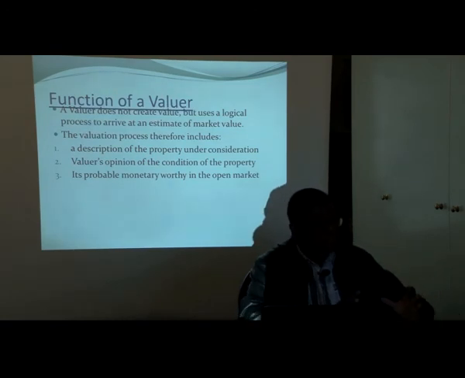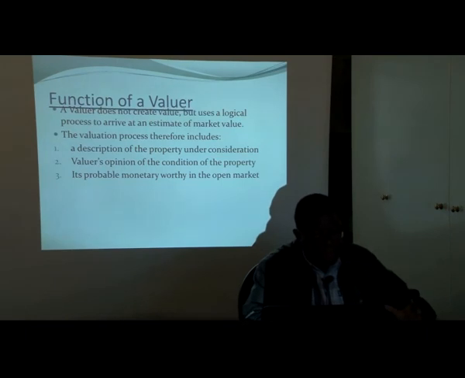So a valuer does not create value, but uses a logical process of comparable analysis in order to arrive at an estimate of value. So the valuation process therefore includes, assuming all of you followed this process in your valuation report, a description of the property under consideration.